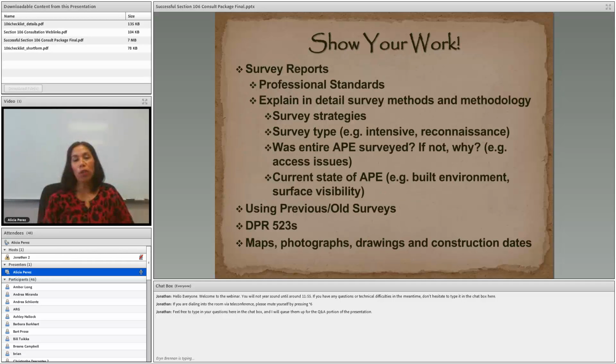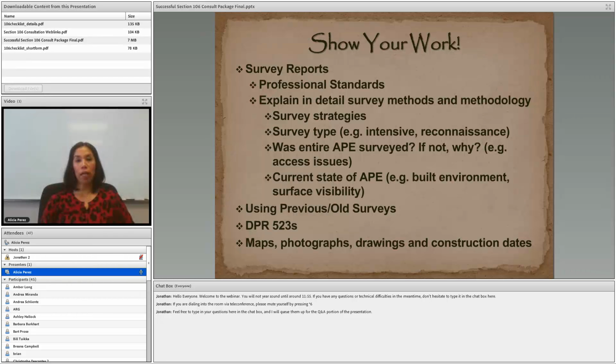So you definitely want to show your work. That's the key. Just remember the cold reader. For survey reports, you want to specify that the person or persons that conducted the fieldwork and the archival research meet professional standards in their area of expertise.